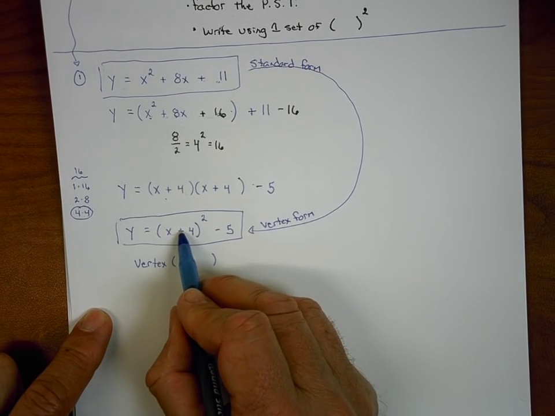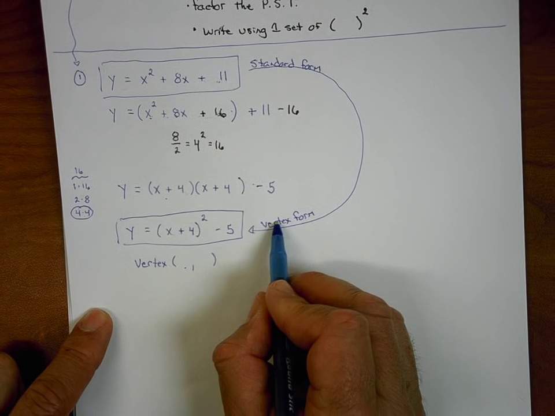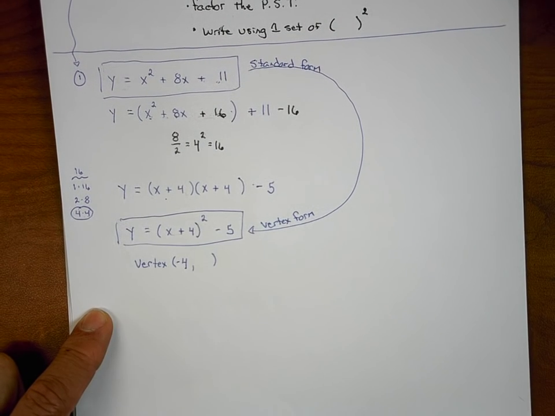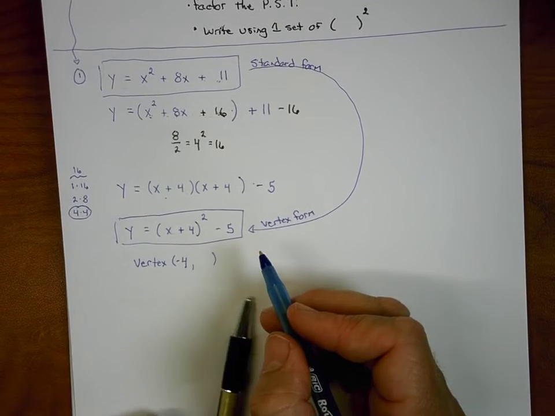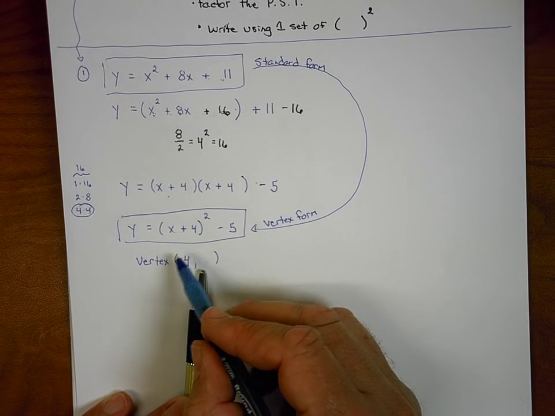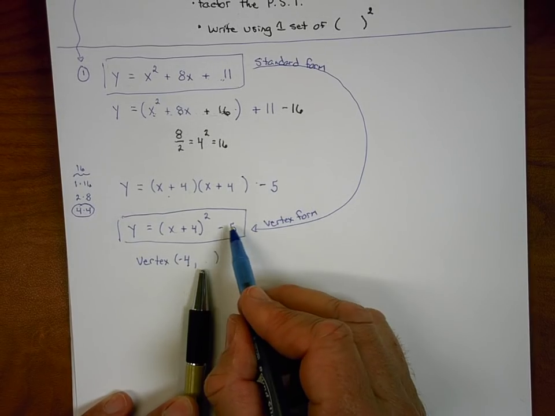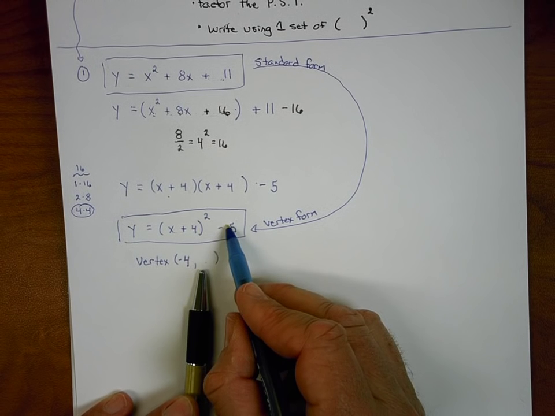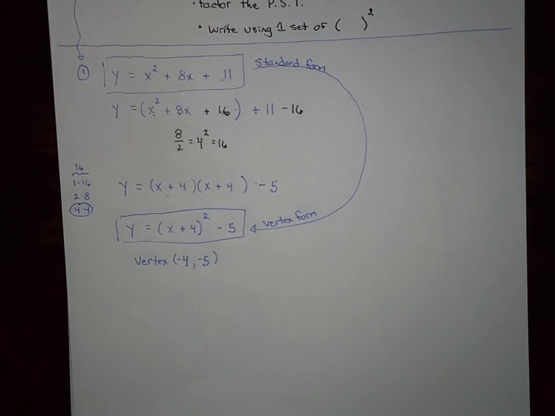Inside the parentheses I have a plus 4 in vertex form, so my vertex's x value is negative 4. And the y value of the vertex, when the equation is in vertex form, is always the number outside the parentheses to the right. I see a minus 5 here, so my vertex is at negative 4, negative 5.